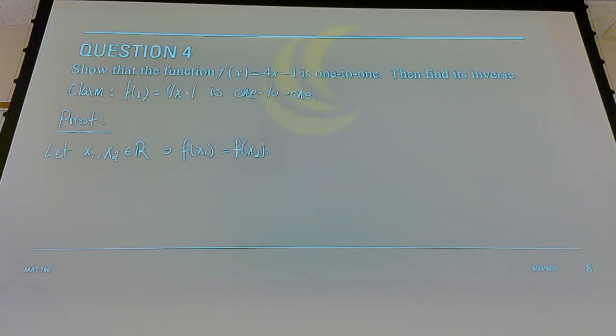What we now have to do is show that that necessarily means that x1 and x2 are the same.